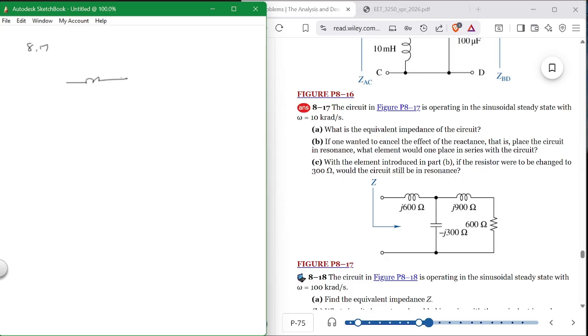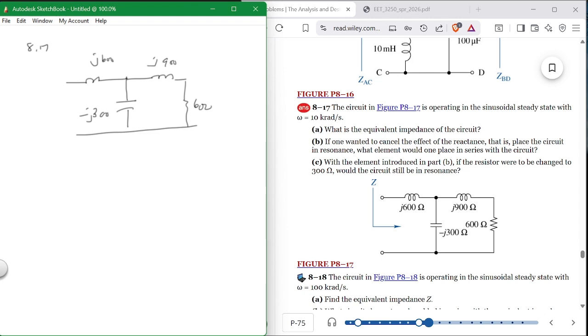Here's a j600, this is a minus j300, this is a j900, and this is a 600. So this is another one like the other one. What is the impedance here? It is j600 or 600i.